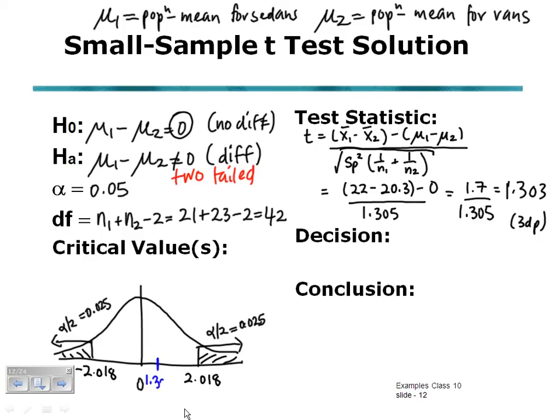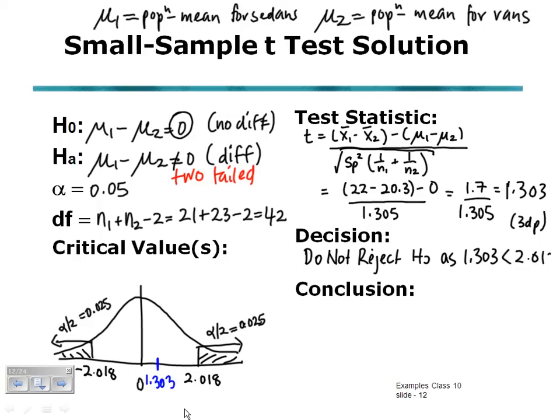So this time we have a test statistic 1.303, which is in the do not reject region. If we look at where that is compared with 0 and a critical value, we can see it's in the do not reject region. So our decision, do not reject the null hypothesis, because that test statistic 1.303 is smaller than 2.018.